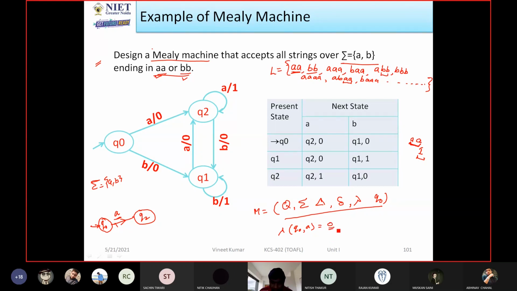Not accepted, because till now at Q0 we got only A. Because it is not ending with AA, at this time the output corresponding to this input becomes 0. So we have to associate that output with the transition. This is a transition from Q0 to Q2, so the output is associated with this as A slash 0. Is it clear to all?